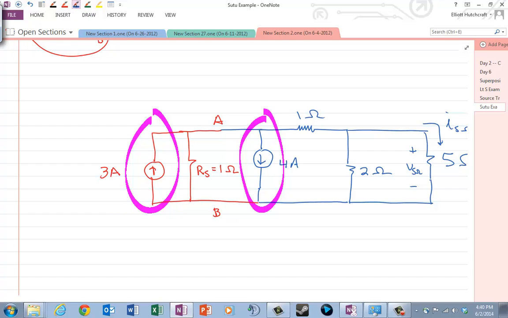So what that means is I'm going to use that same plus arrow reference direction, or the head of the arrow on top.